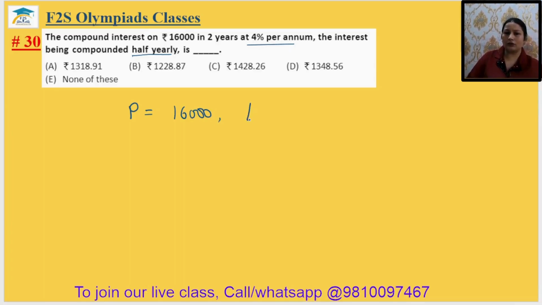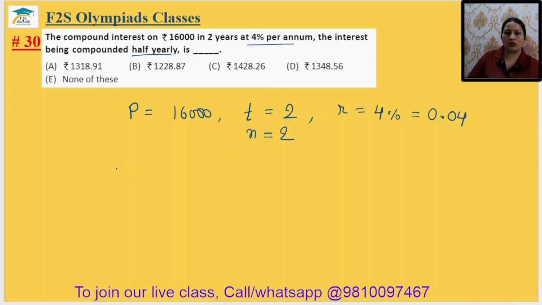Time, if we take T, that is your 2 years. Interest rate R equal to 4%. We can write it as 0.04. Okay? And compounded half yearly means N equal to 2.